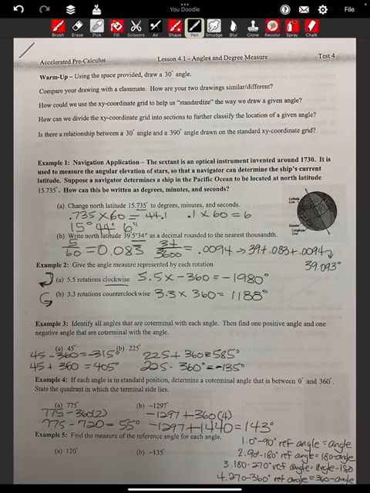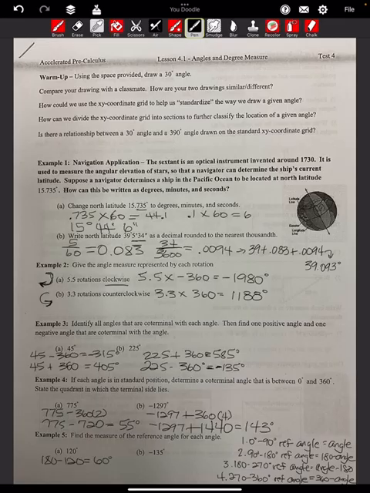Our second option is if it's between 90 degrees and 180 degrees, our reference angle is going to be 180 minus the angle.